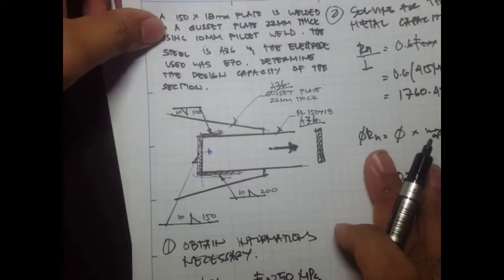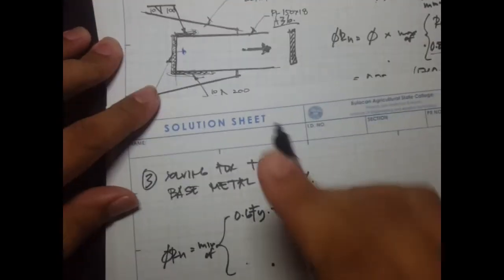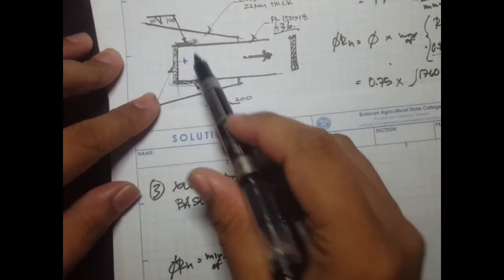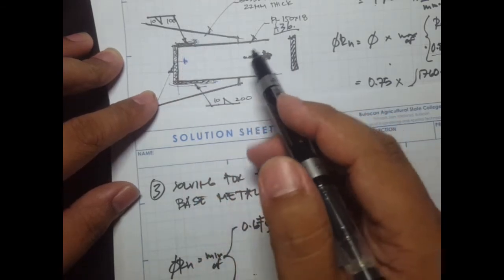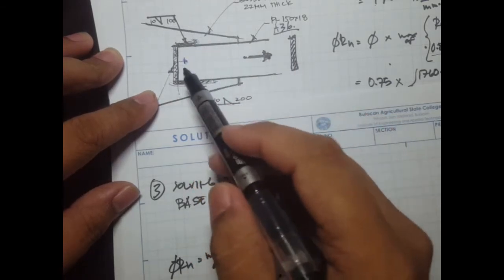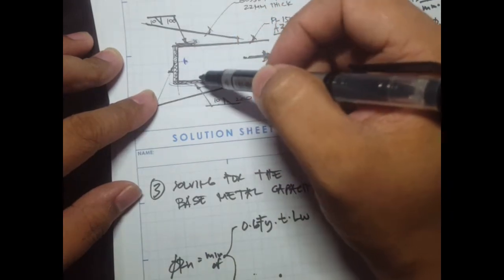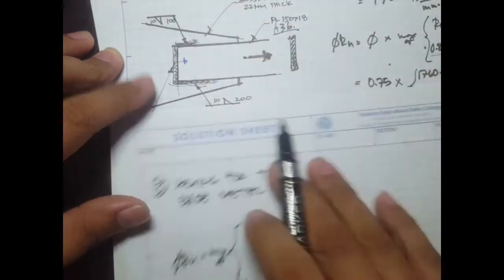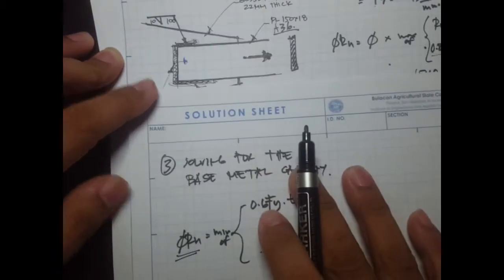But anyways, for computation's sake, we'll just use this length along the shear plane only. Because if you include this length, then you will have a much larger value of this resistance, or this capacity.